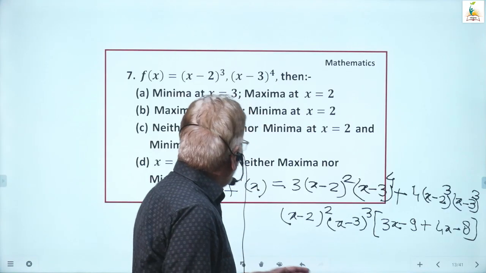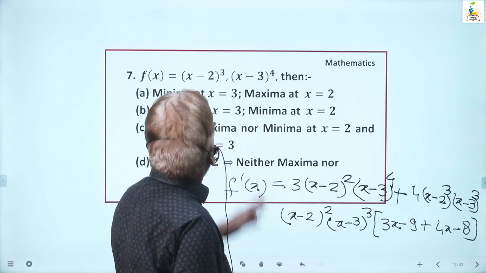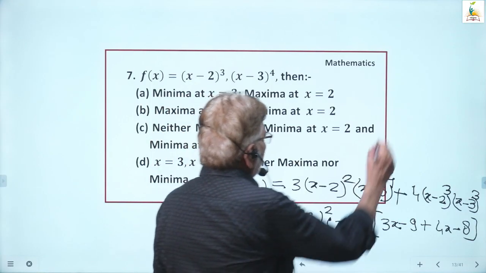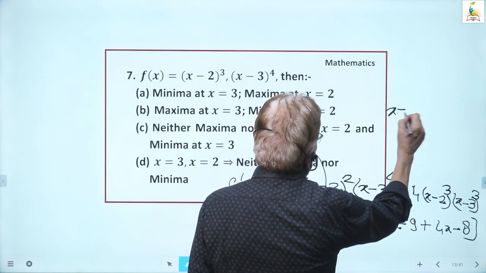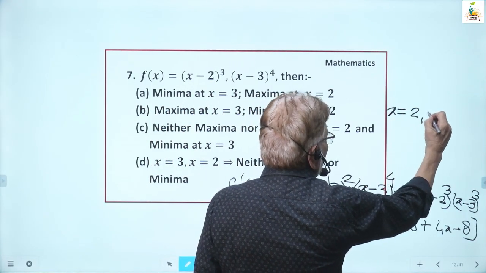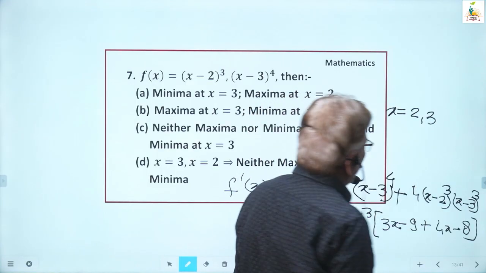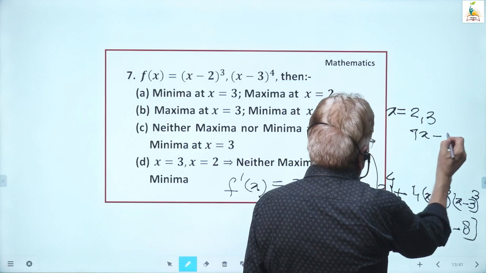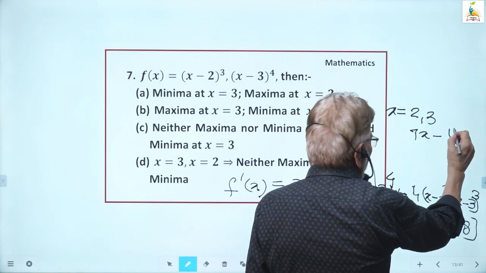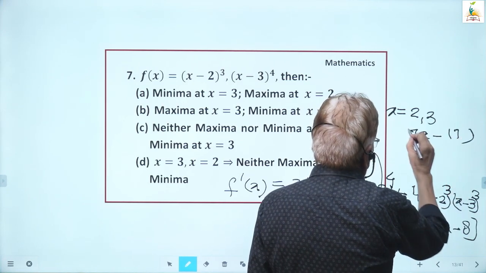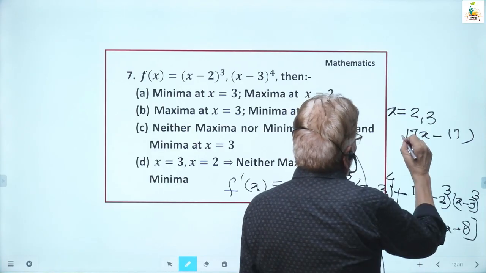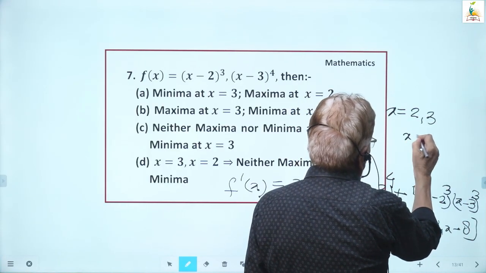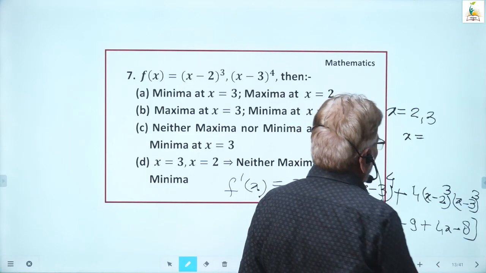Now, how many points will be there where it can be 0? x equal to 2, 3, and 7x minus 17 means x equal to 17 by 7.